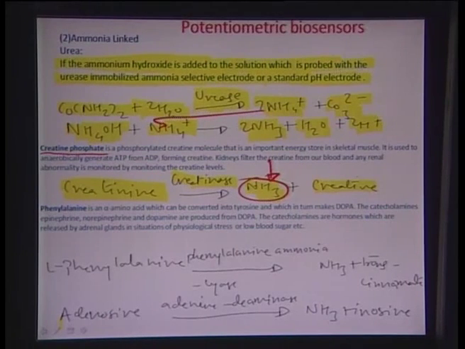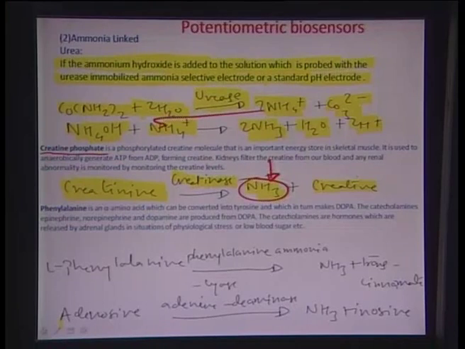Another interesting example is to measure the phenylalanine. It is an alpha amino acid which can be converted into tyrosine, which in turn makes this molecule DOPA. Okay. So, DOPA is a molecule which is responsible for generating hormones called catecholamines.